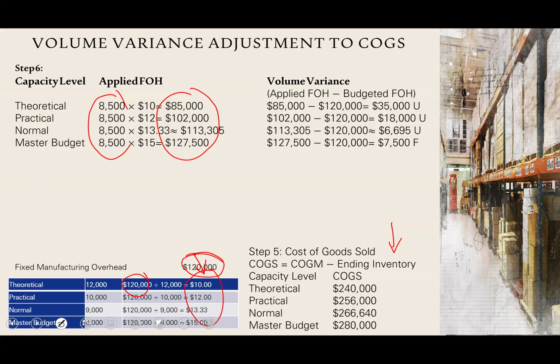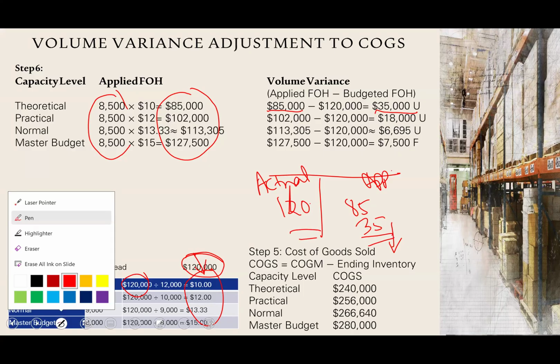So here we have applied too little. This is U, unfavorable, or you can call it underapplied also. If you recall in chapter 4, we used to say actual is here and applied is here. If applied is 85 and actual is 120, then you need to put 35 on this side to close this account, meaning you applied too little.